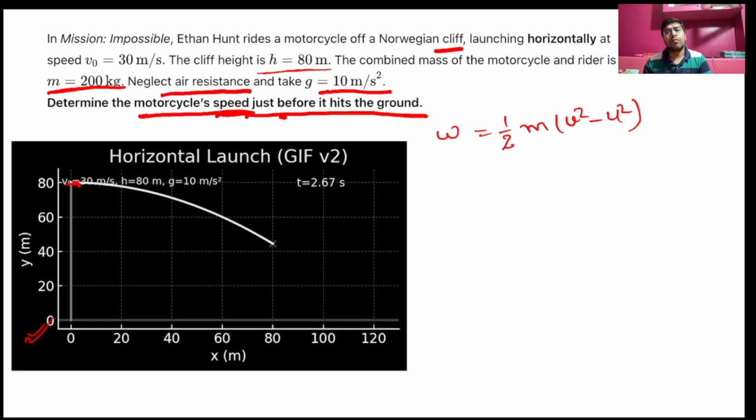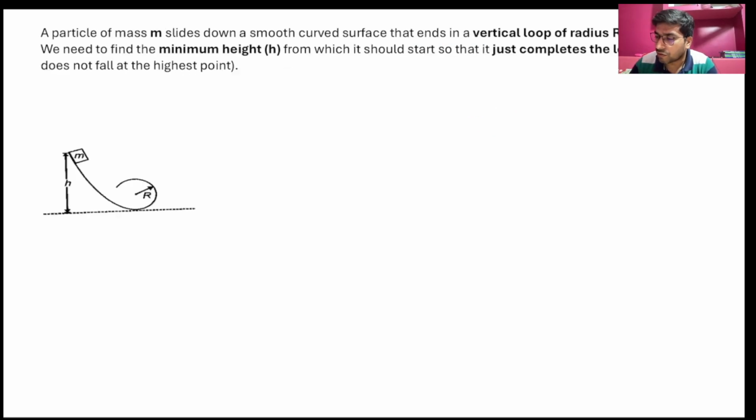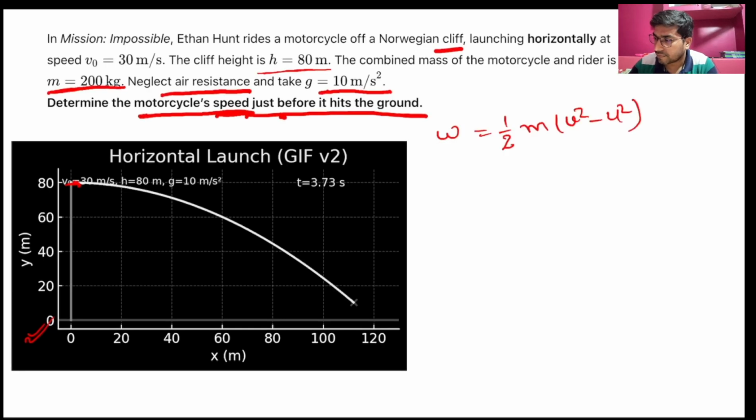Now see here, work done will be done by what? Here work done will be done by the gravitational force. Ethan will come in the downward direction, right? And gravity also will apply force in the downward direction.